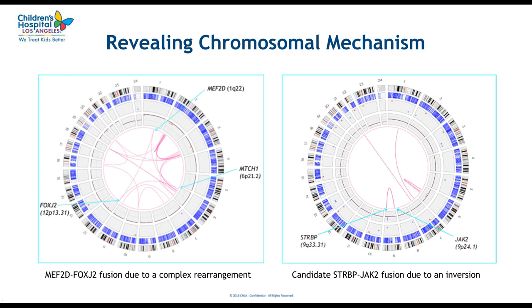And with optical genome mapping, you do get that information. We were able to find fusions that resulted from complex three-way rearrangements and from inversions. And I think that that is also important in understanding mechanisms and understanding the basis and pathogenesis of these important mutations in leukemia.